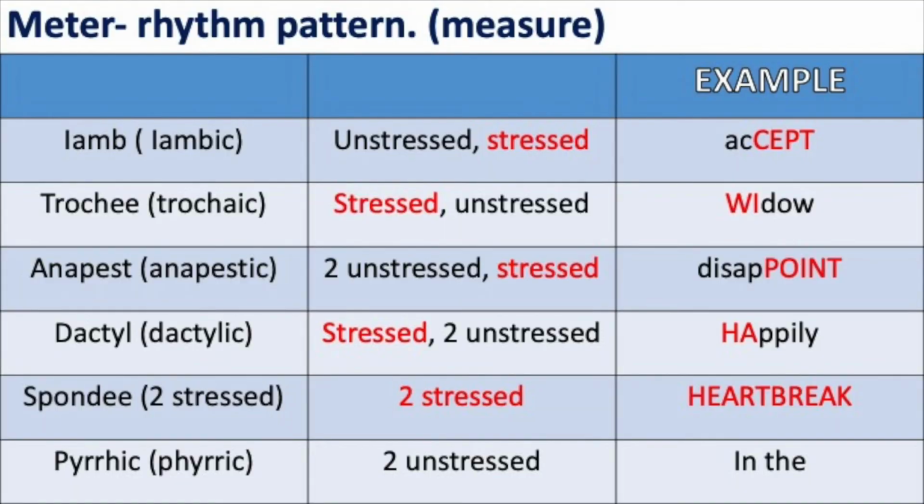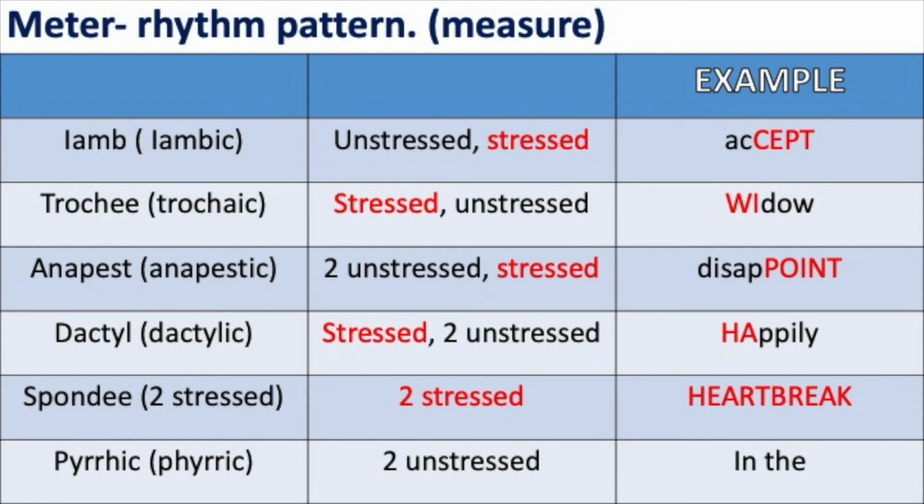Another type of meter is the trochee or trochaic. We have stressed and unstressed. For example, "widow." Next is anapest or anapestic. It has two unstressed followed by a stressed. For example, "disappoint."